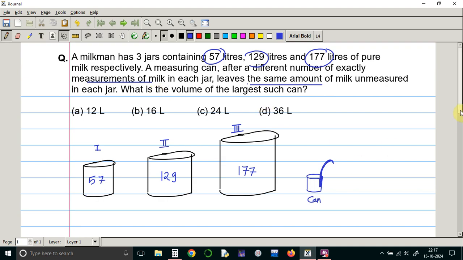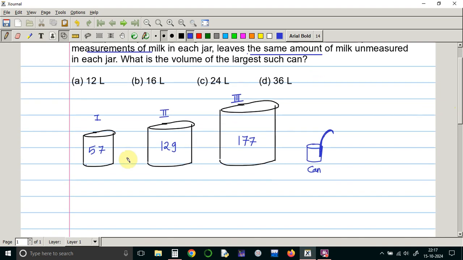This is the picture showing the above question. So these are the 3 jars, jar 1, jar 2, jar 3, and there is a can whose capacity is unknown to us.